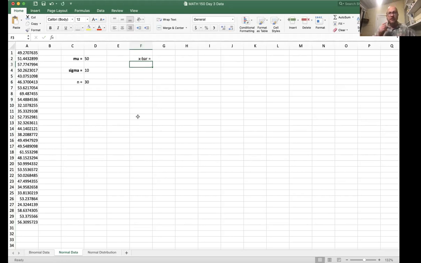So X bar is an average that you take from a sample, whereas the mu was an average you took from a population. Just for example, think about this as an example. If we talk about the average height of American males, you may be surprised to find out that the average height for American males is somewhere around 5'8", 5'9".